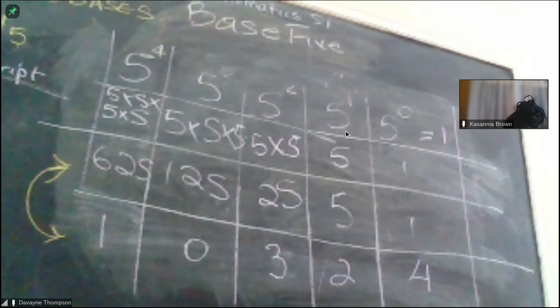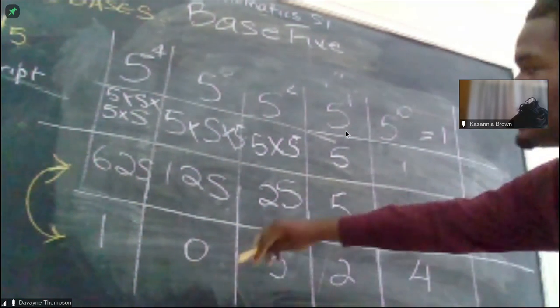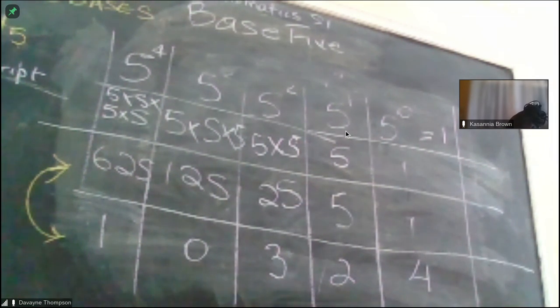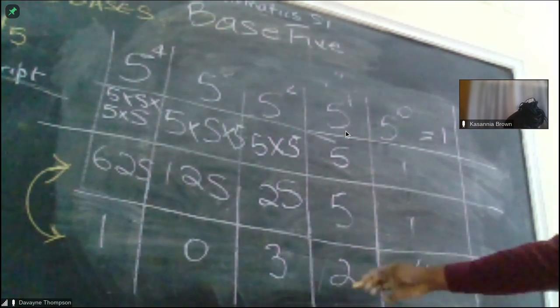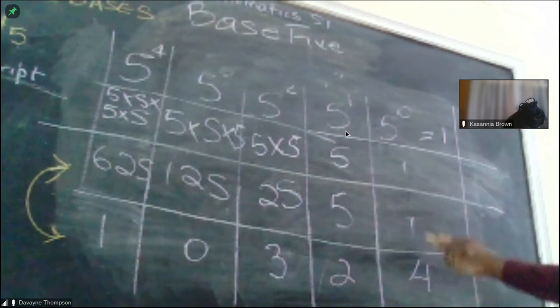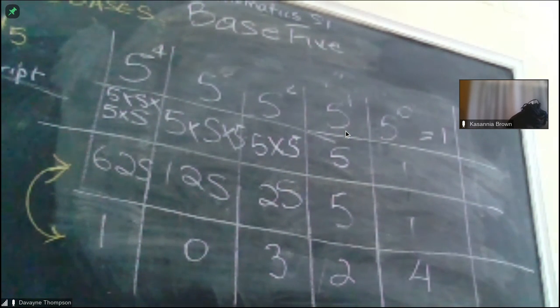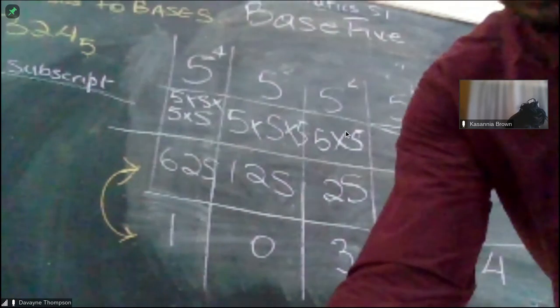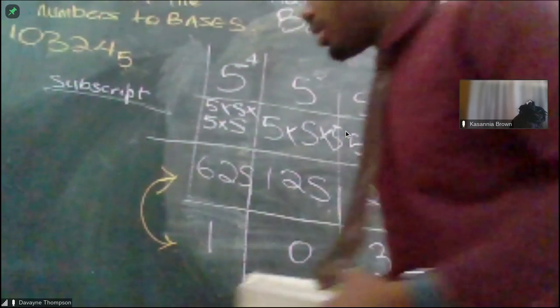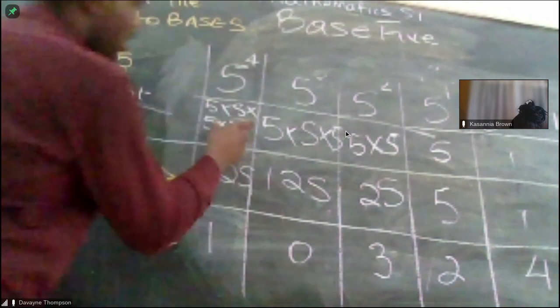We're also going to say 0 times the 125, 3 times 25, 2 times the 5, and 4 times the 1. Alright? So let's do that together. But to save space, I'm not going to write out the number. Rather, I'm just going to write out the power of the number.